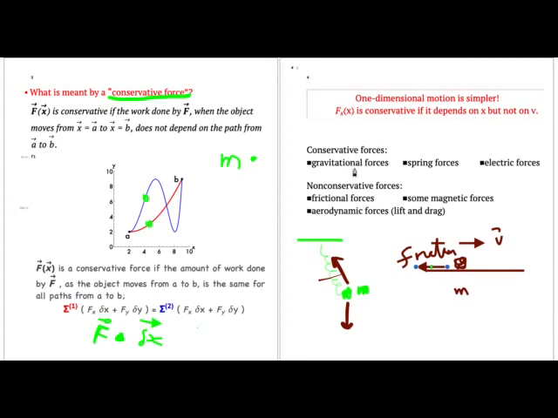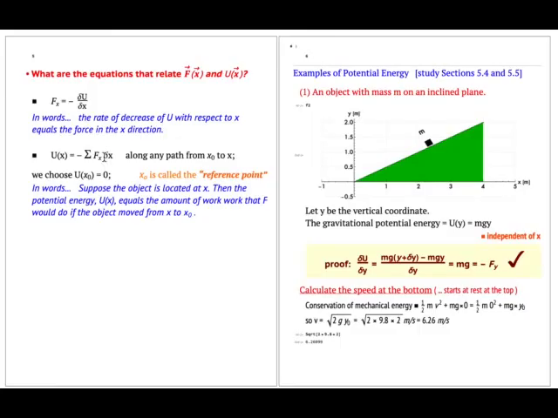All right, so this is sort of defining what is meant by a conservative force. Now, how do we define potential energy? All right, so let's say there's a conservative force acting on a mass m.